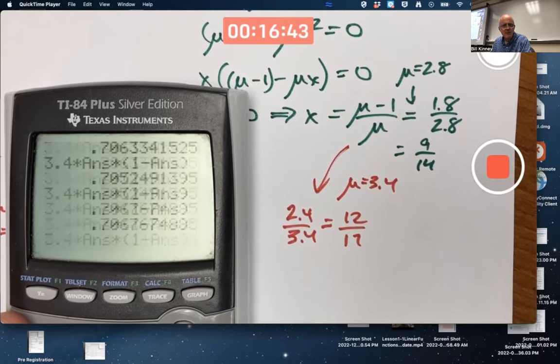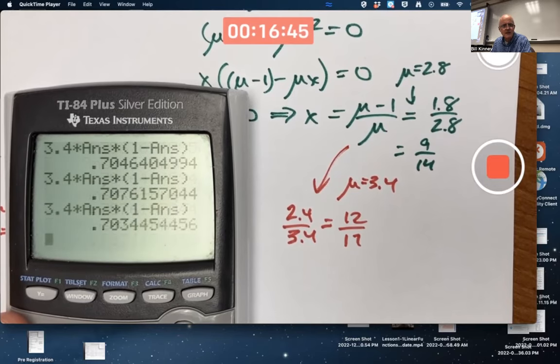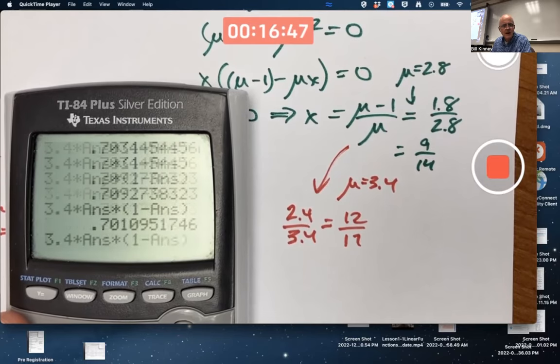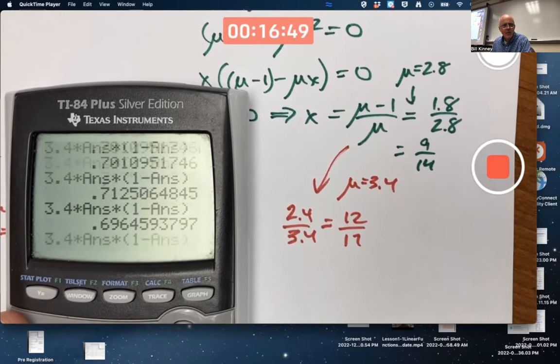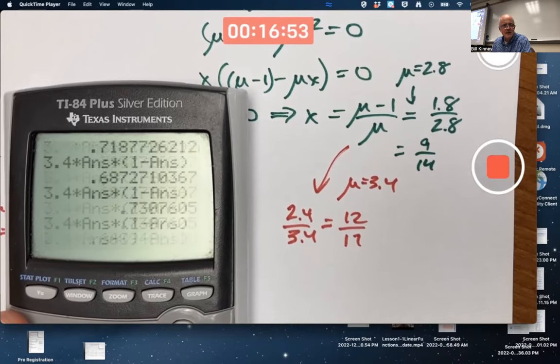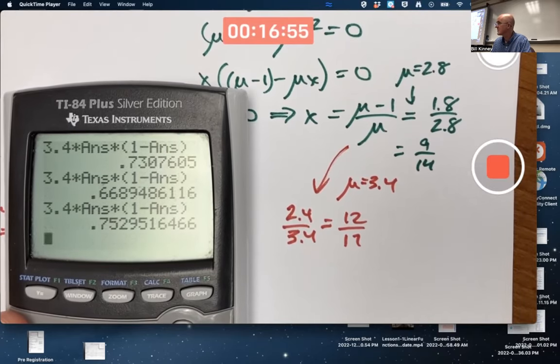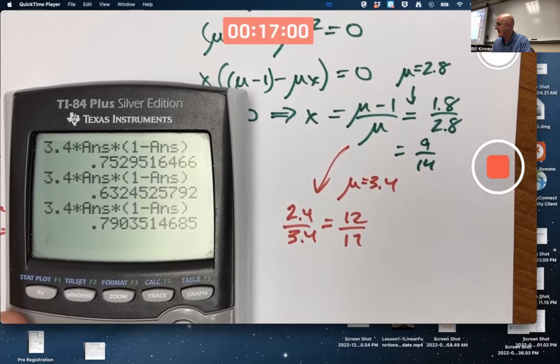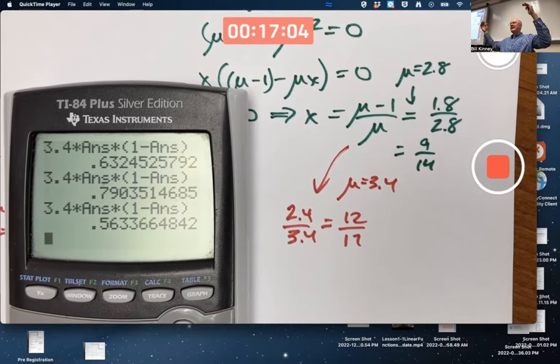Now those numbers are moving further away from the fixed point. What in the world does this mean for numerical methods? It means we can run into problems sometimes, is what it means. It's not working. You need to be aware of that in a numerical analysis class, that numerical methods sometimes don't work.